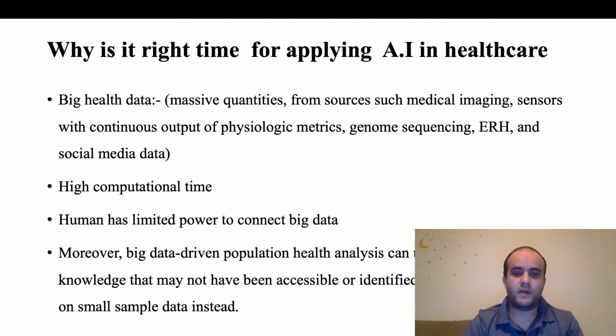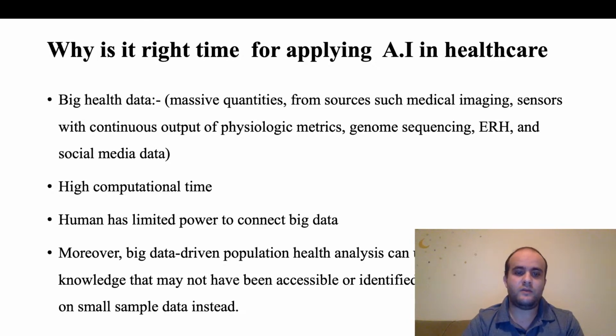Clinicians have limited power to connect big data. Sometimes it's not about intelligence, it's about pattern reconnection. We need to connect all patterns from different sources. Humans are smarter than machines, but are limited in connecting all patterns together and coming up with a conclusion.